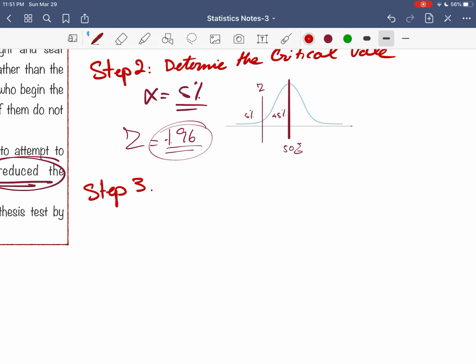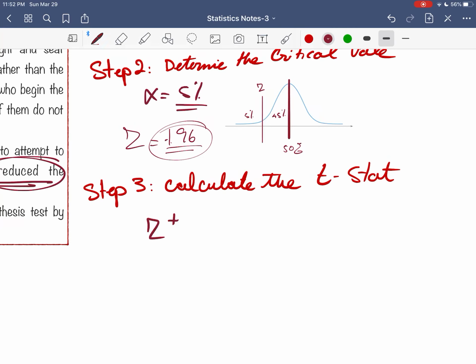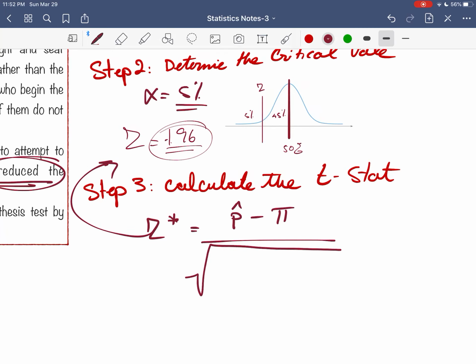Step 3. Calculate the test statistic. For us, it's going to be Z star, just to differentiate it from Z, is equal to P bar minus pi divided by the standard error.